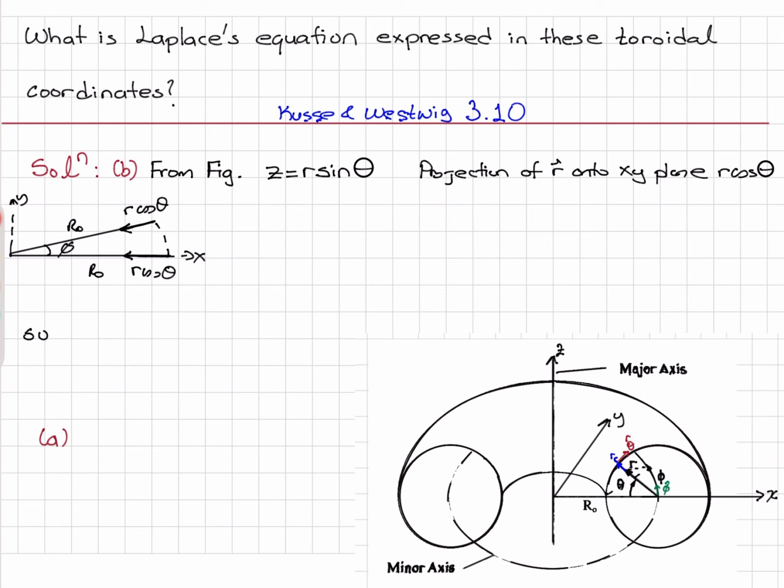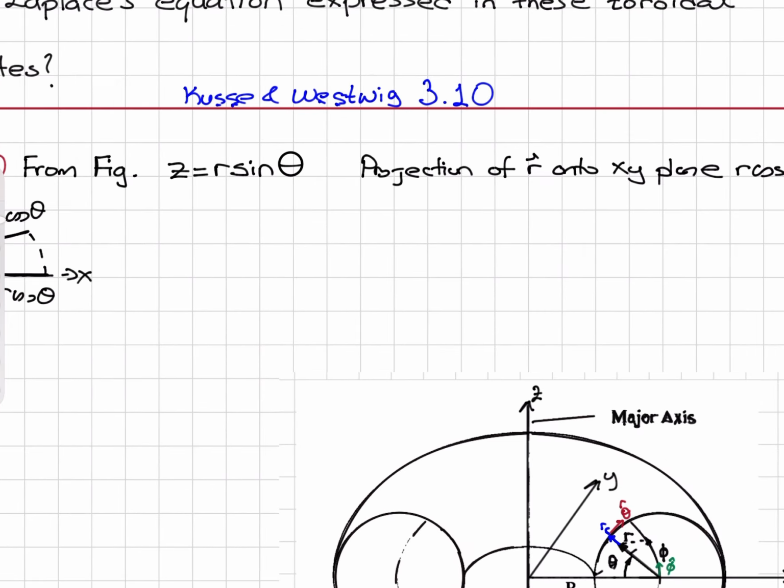So I'm going to have, for the x coordinate, x, I will have r0 minus r cosine theta, which is the radial position on the xy plane, multiplied by cosine phi to have the projection onto the x-axis.